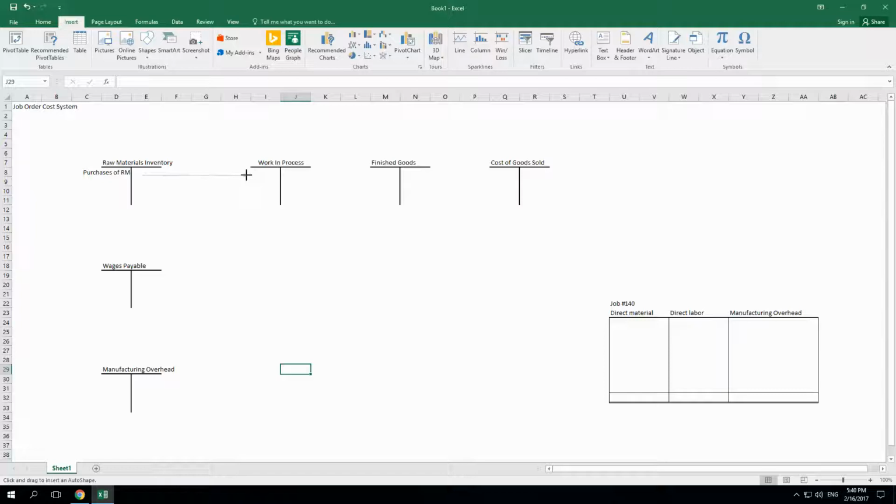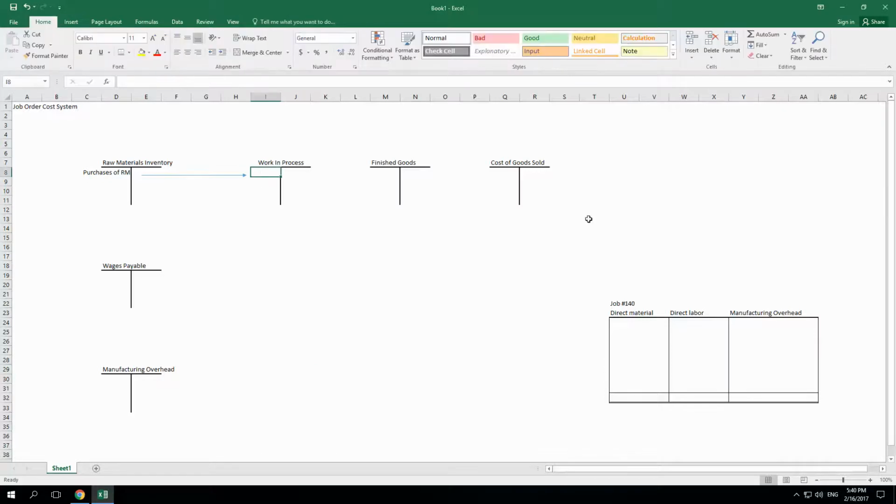Okay. So when we know the specific amount that goes to a particular job, that would be called direct material, because we know exactly how much is needed for each job, so it's going to go directly to that job.